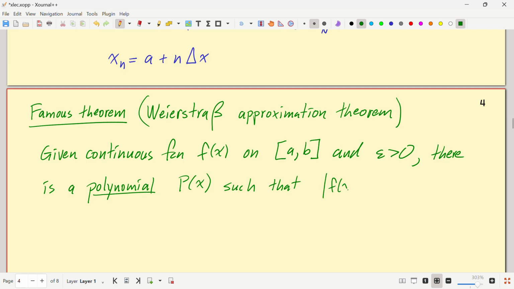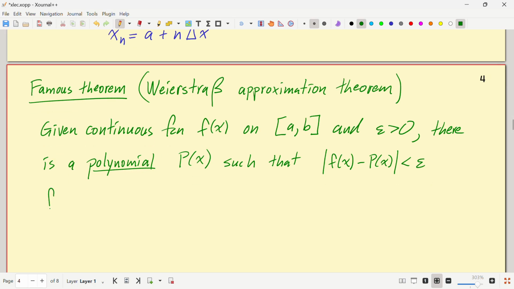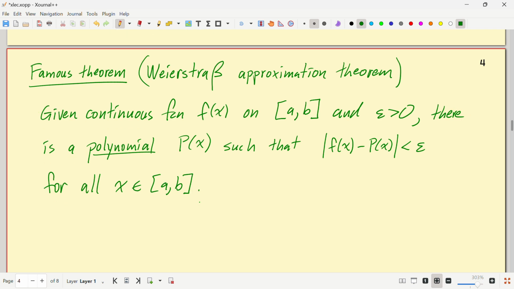So |f of x minus the polynomial| is less than epsilon for all x in the interval. And so the fancy math language for saying that is that I can uniformly approximate f by polynomials, to any degree of accuracy I want.